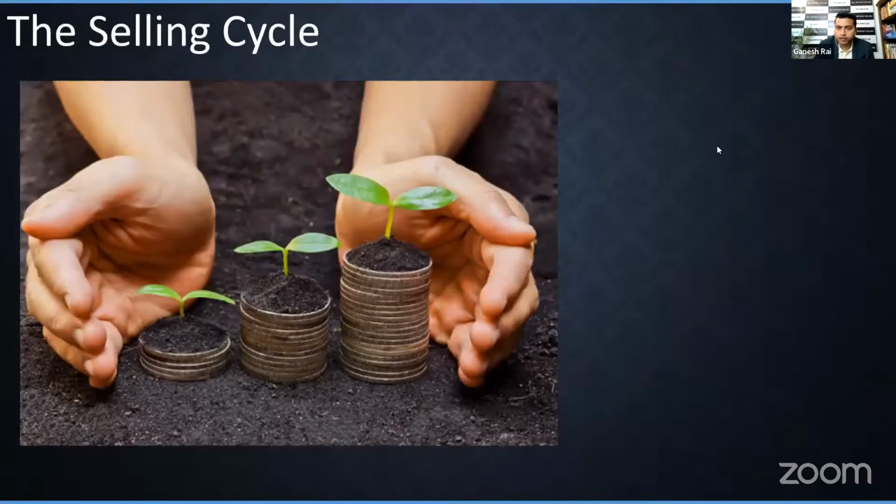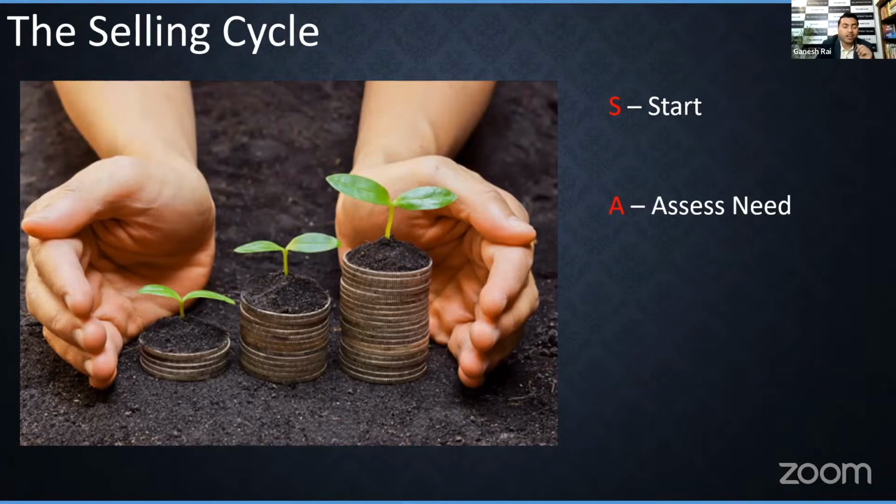So in this selling cycle, we are going to have four important things. And in all these four, we are going to have a very detailed discussion. Okay. So SALES will be the framework. Number one, S will be start. This is where you are going to start. Then in step number two, you are going to assess their needs.